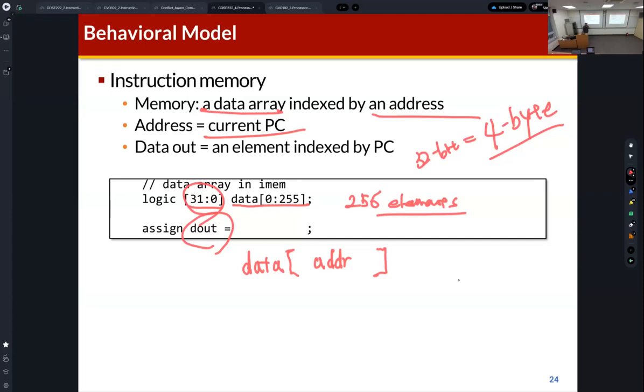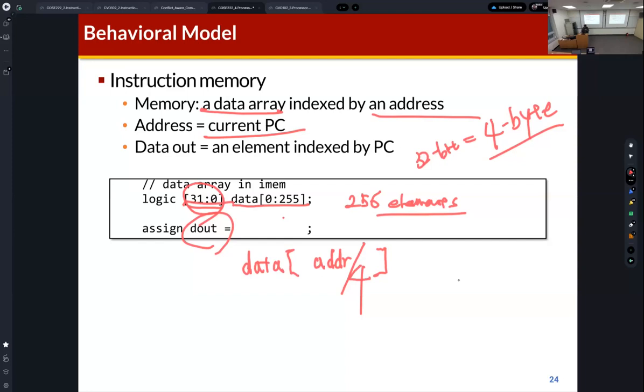So in order to access the target data element, we need to divide the input address by 4. Do you understand? It is because the size of a single data element is 4 bytes, and the address is a byte address in RISC-V.